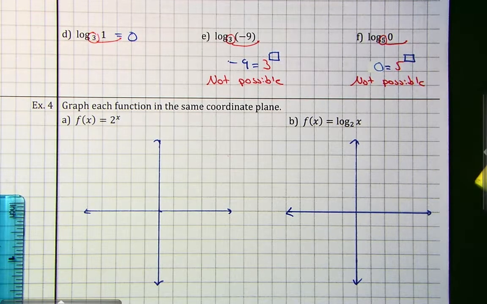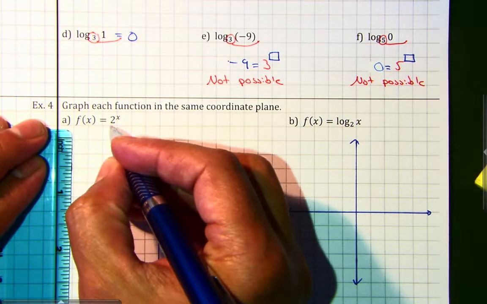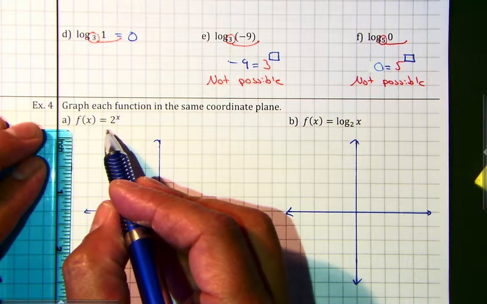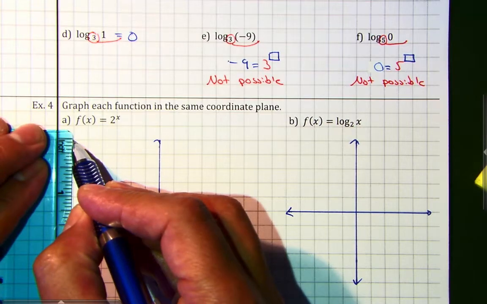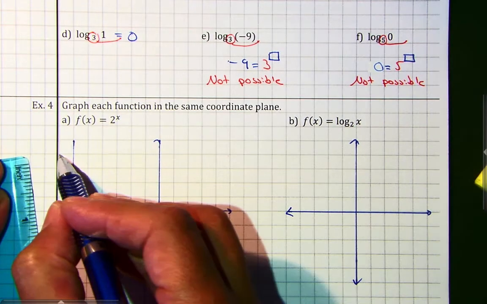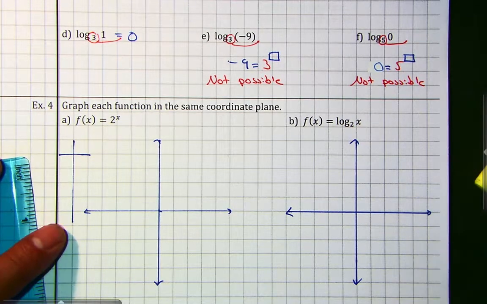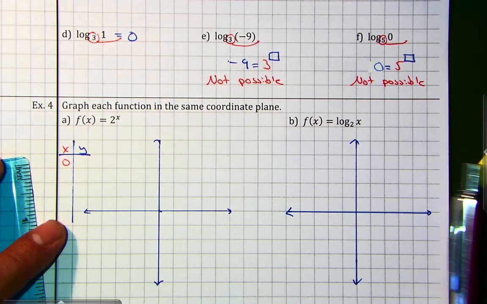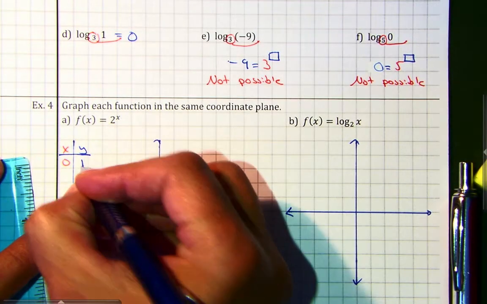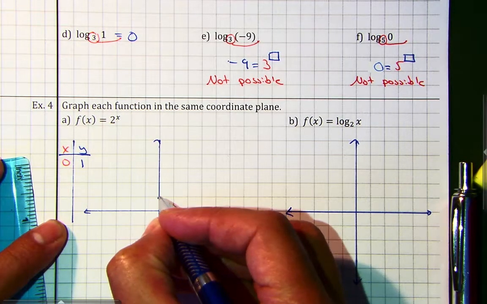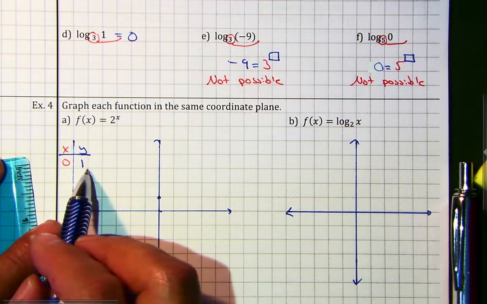We got this one in 6.2, correct? So we know that this is an exponential growth or decay. This is an exponential growth. We're just going to plug in values for x, and it gives us back values for y. We're just going to plug in a few points. Plug in 0: 2 to the 0 power is 1. So (0, 1), and we talked about that being the y-intercept.